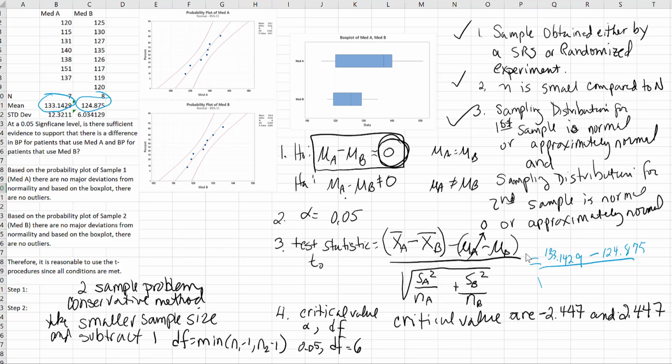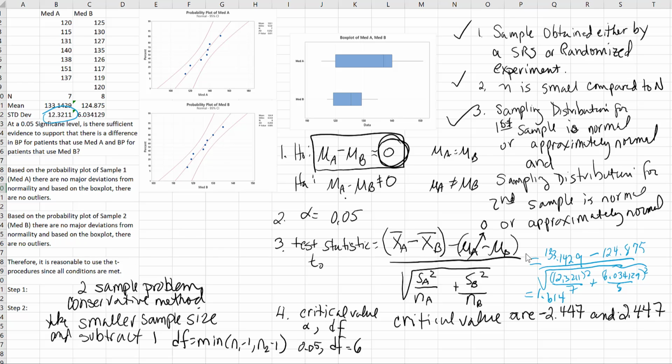Then I divide it by, and in the square root, I put the standard deviation for people that took medicine A, 12.3211. I square that value and divide by the sample size, which is 7. But I have to add that to the variance, or the standard deviation squared, of those that took medicine B, divided by 8. So I have to do all that underneath the radical. When I do that, I get the test statistic of 1.614. So when I put all that in my calculator, I get 1.614.